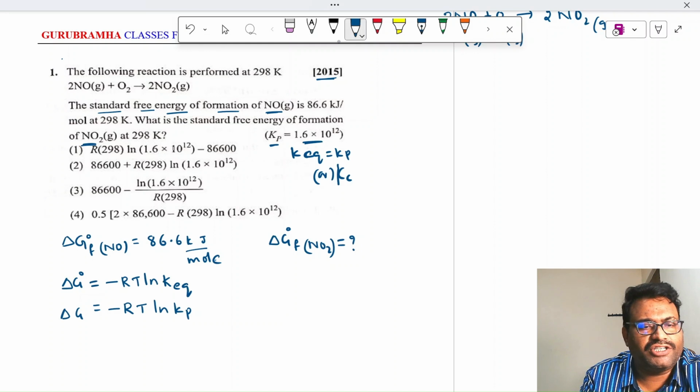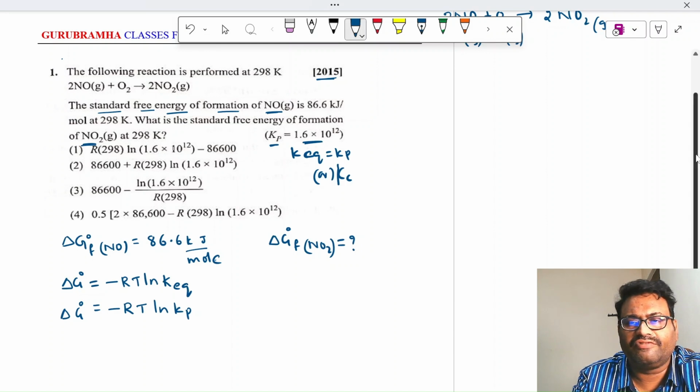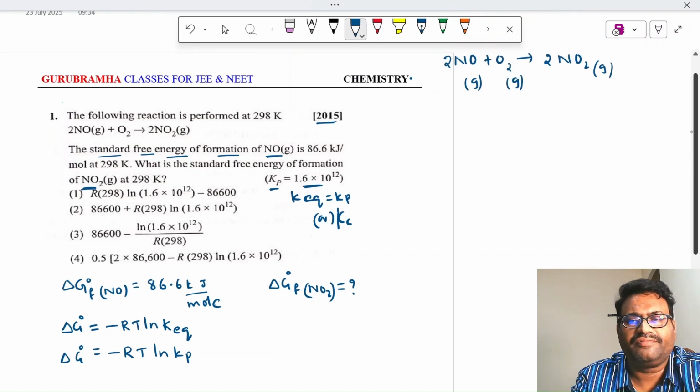So we want delta G naught. But here, for a reaction it is given. For a reaction we have a formula to calculate delta G naught of the reaction.